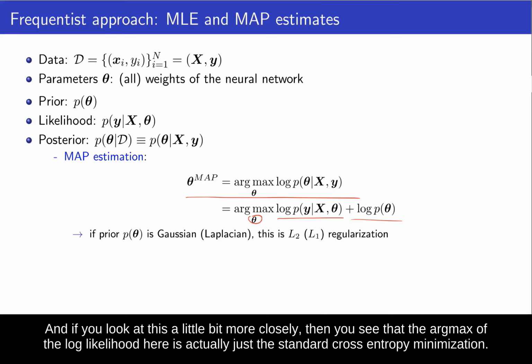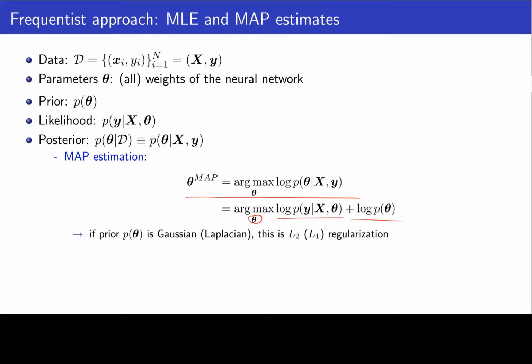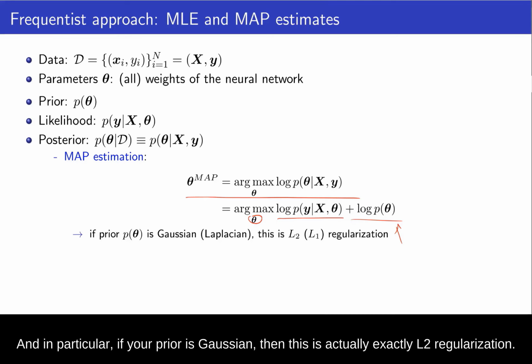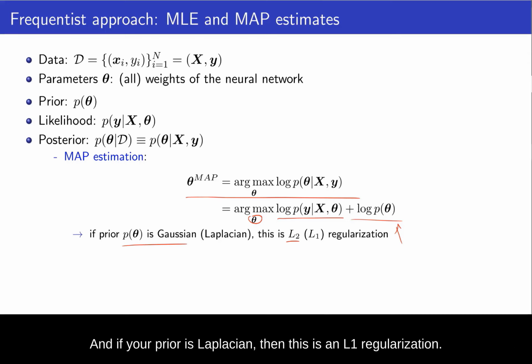If you look at this a little bit more closely, then you see that the argmax of the log likelihood here is actually just the standard cross entropy minimization. And the log prior here is actually just a regularization term. In particular, if your prior is Gaussian, then this is exactly L2 regularization. And if your prior is Laplacian, then this is an L1 regularization.